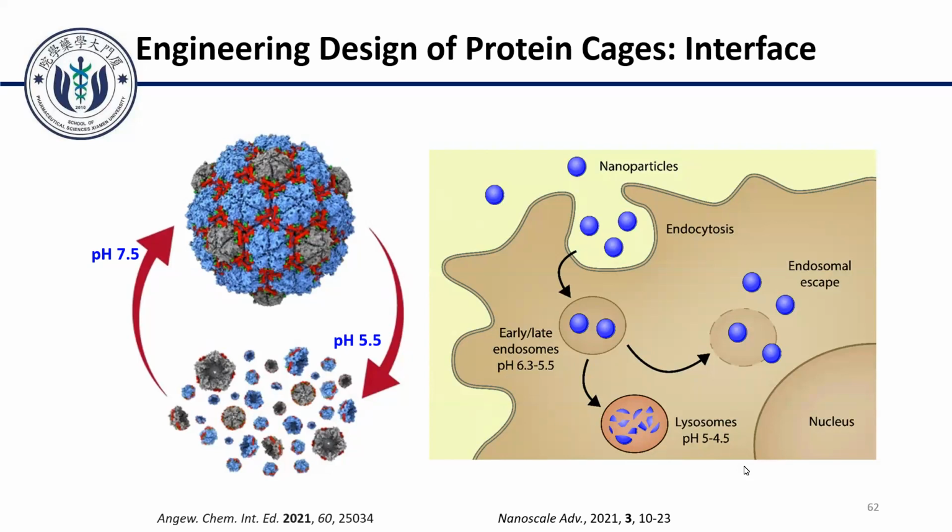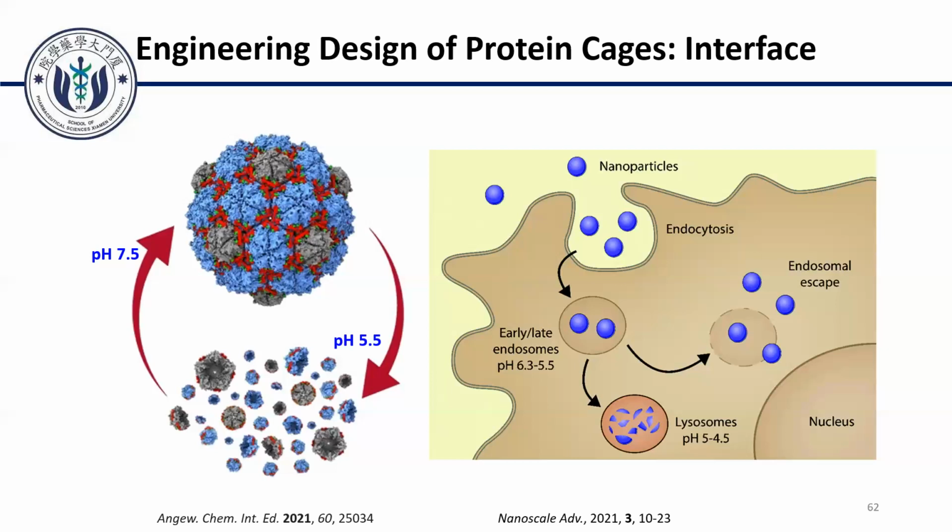In this case, it's one of the important goals that we are aiming at, because we need to decrease drug resistance and other problems that we may face. And the engineering of the protein cage is also another type of study where you can have controlled drug loading efficiency.